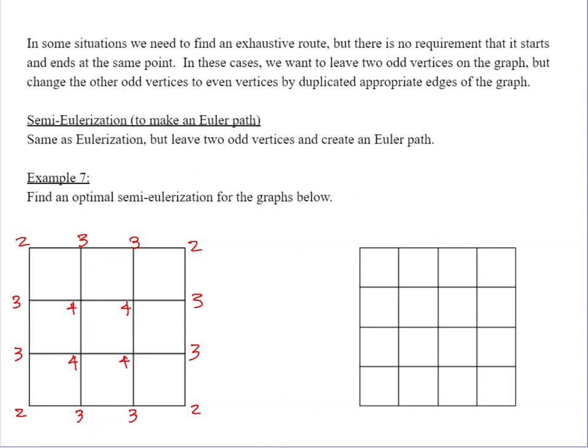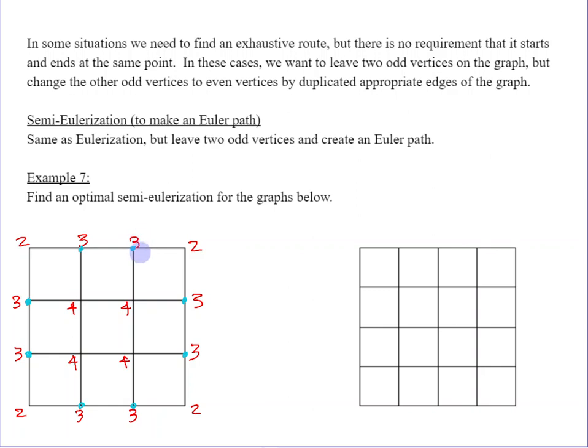Now, I need to connect some of these odd vertices to make them even, but I'm okay with still leaving 2 odd vertices. And I will tell you, there is an efficient way and an inefficient way to do this. First, I'm going to show you the inefficient way. This is the more expensive way to do this.